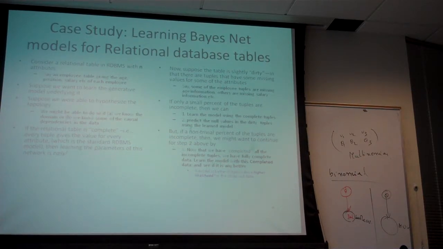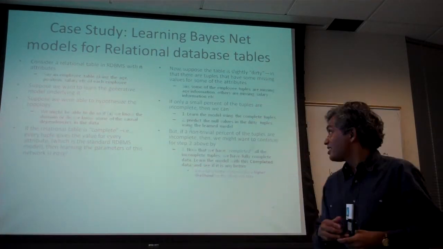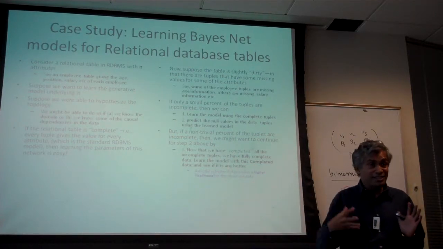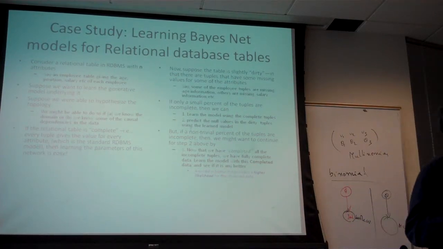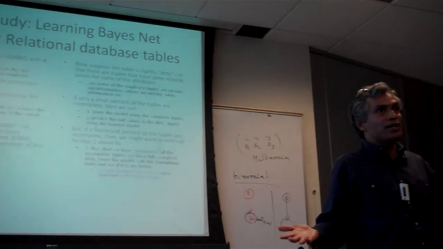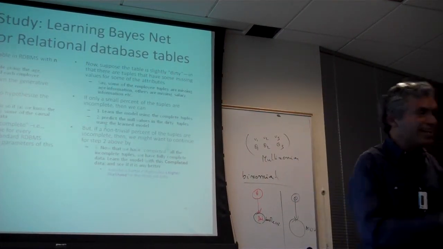Then you learned the model with just the 50% complete tuples, and then you completed the rest. Now the temptation to relearn is much more overwhelming, right? Because you learned based on just a few clean data, and then you used that to complete the dirty data. But now there's a lot more clean data, quote unquote clean, based on your learning. You try to learn again from that.